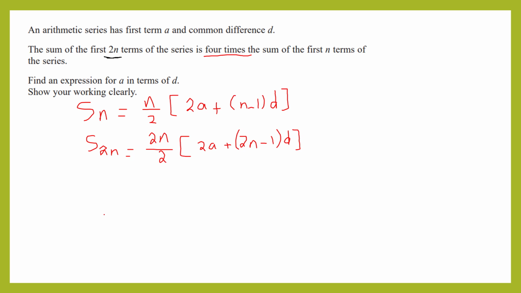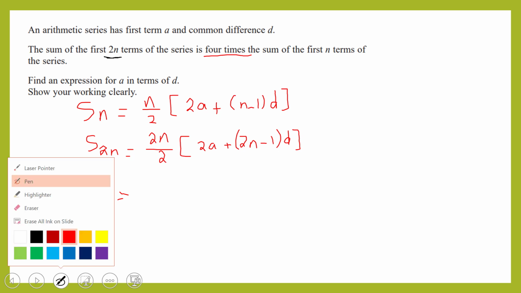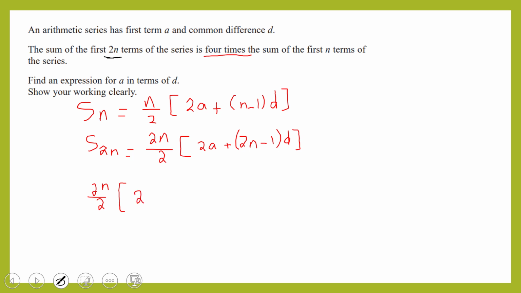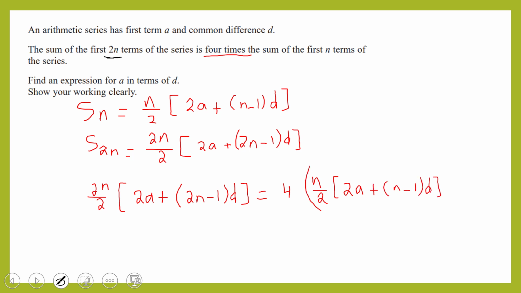So we can link these two by writing 2n over 2 multiplied by 2a plus 2n minus 1 multiplied by d is equal to 4 multiplied by n over 2 multiplied by 2a plus n minus 1 d, and here is the whole one.